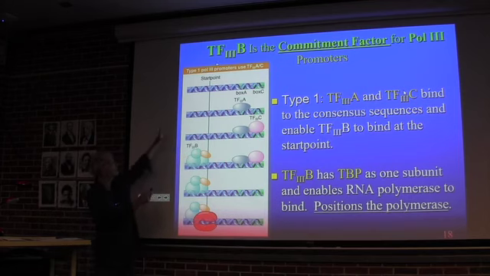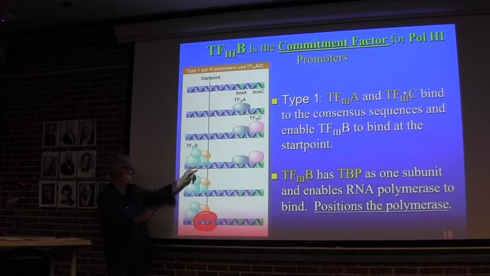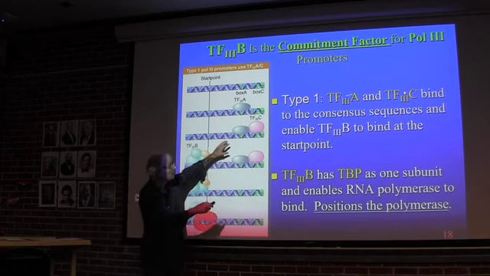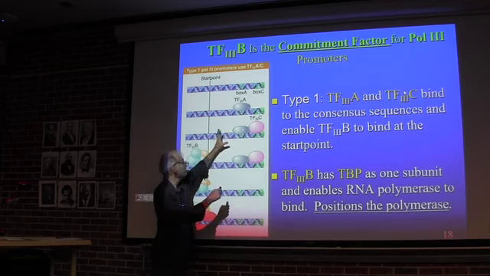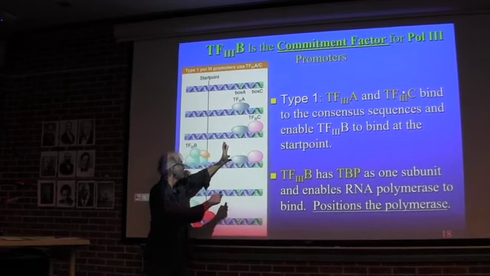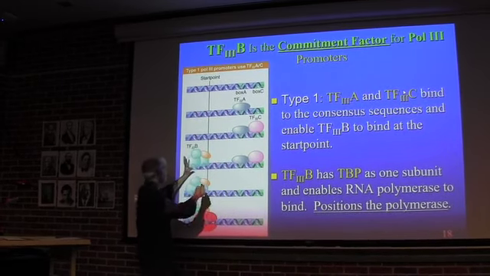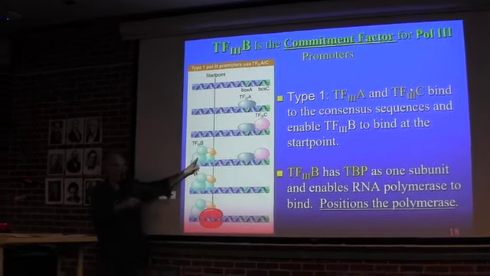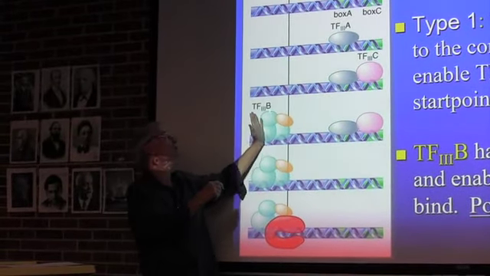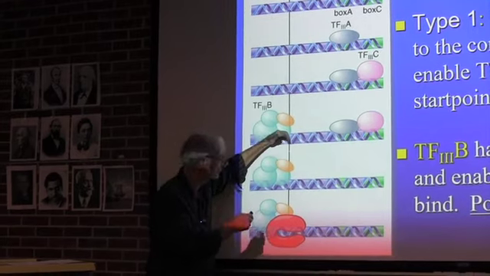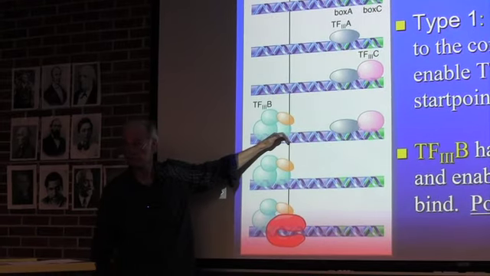It's actually binding upstream from the start of transcription. It turns out you first bind TF3A and TF3C, and they in turn position very precisely where the commitment factor should bind. And then the commitment factor determines very precisely where the RNA polymerase should start transcription.